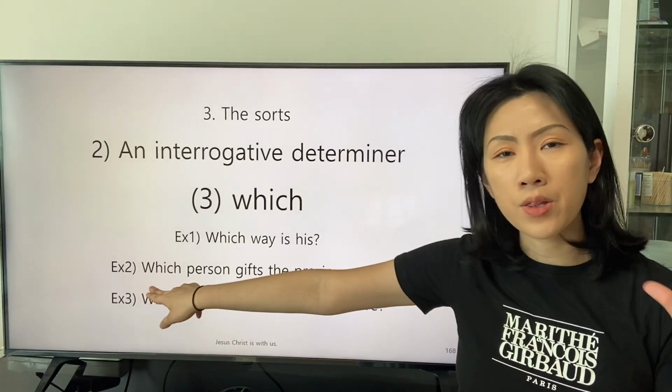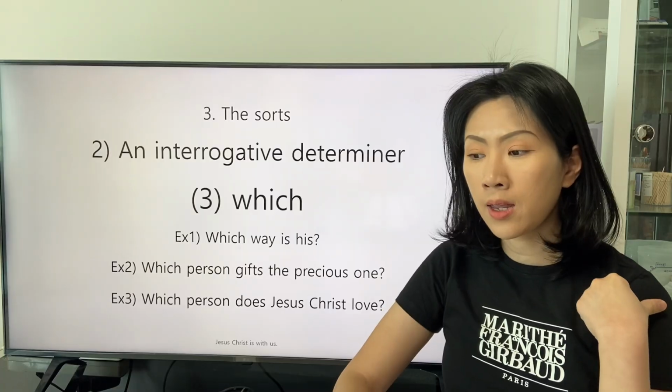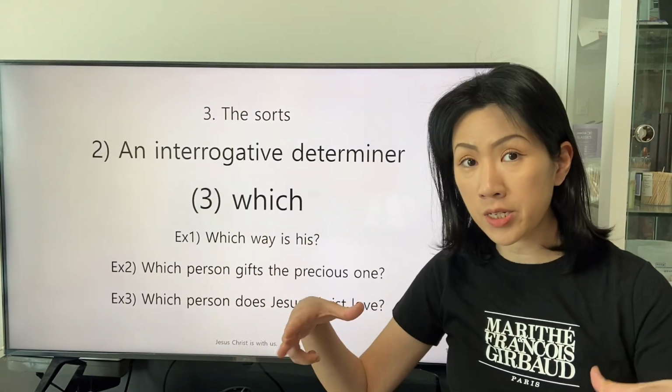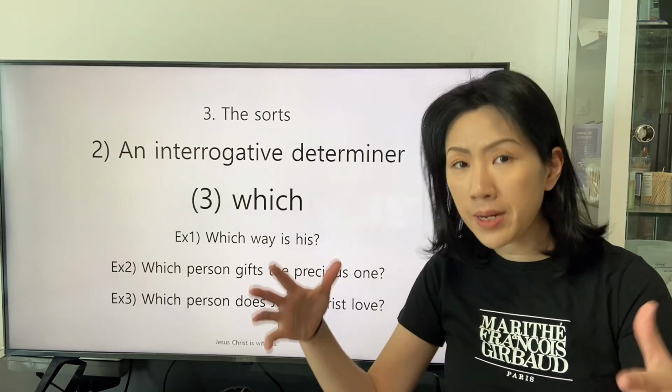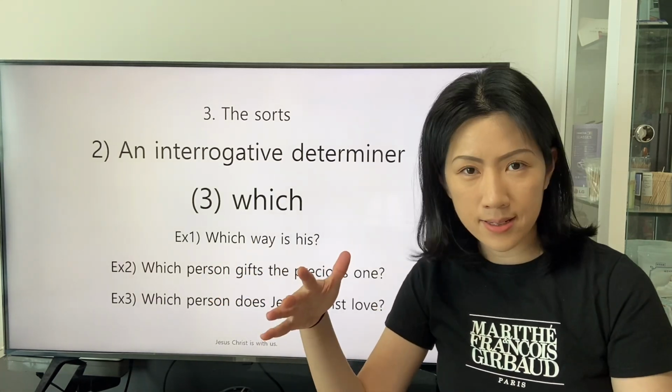And as the speaker applies the interrogative determiner which, we can get the prior information that the number of the person is limited, predetermined, or set.